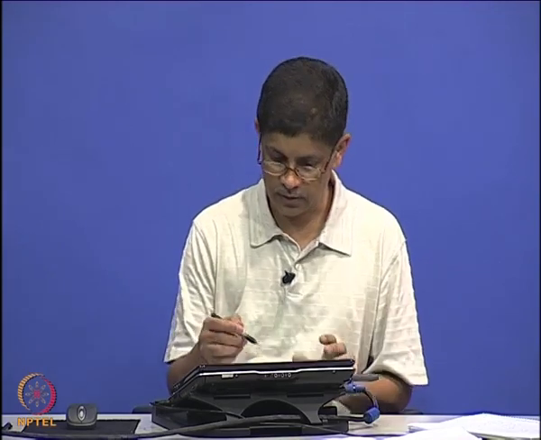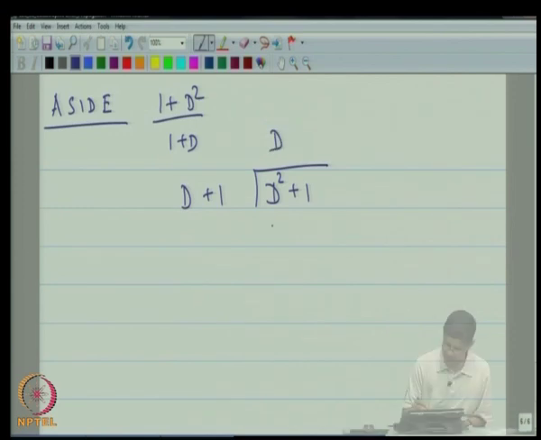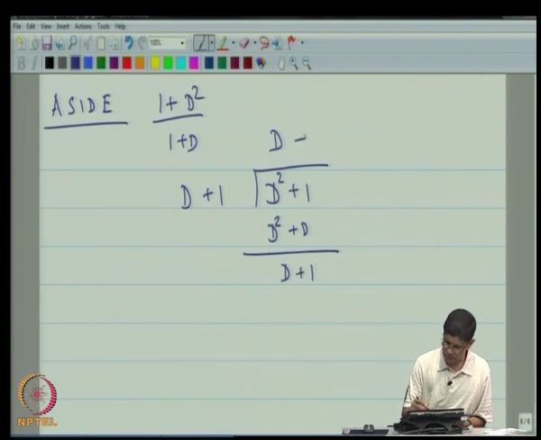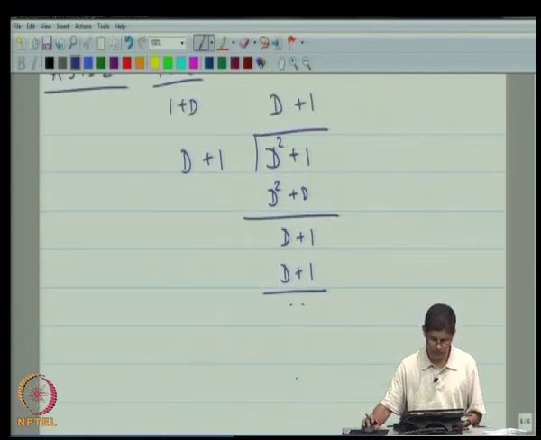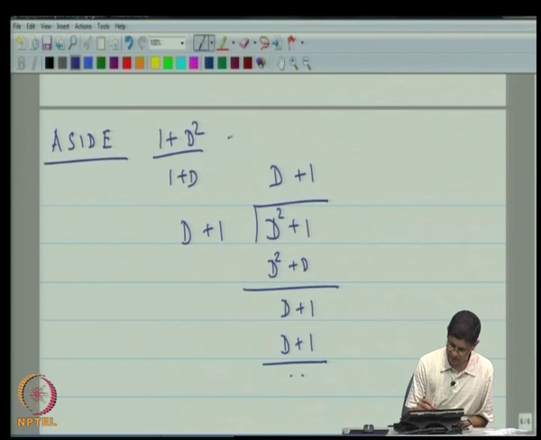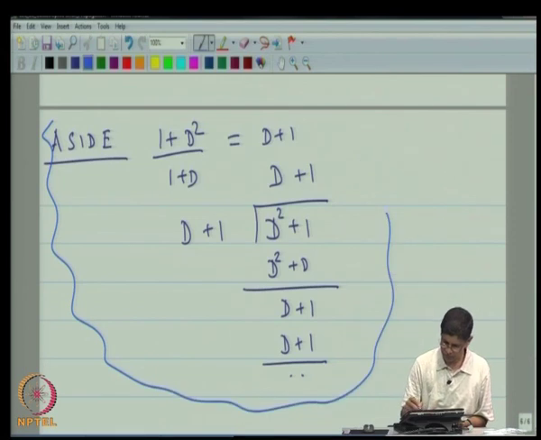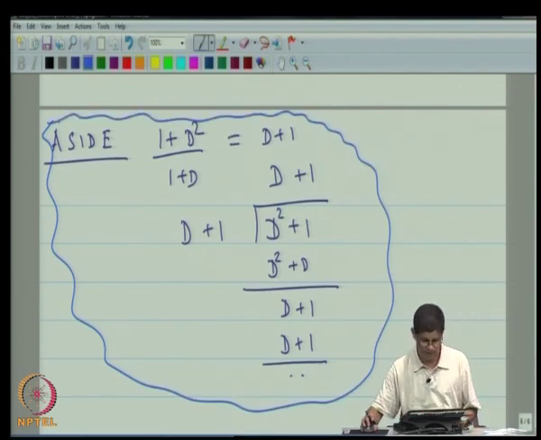So, it is important to keep in mind which we are doing at any given instant of time. In this case we are actually dividing polynomials. So, we do not have terms going off to infinity, in which case whenever you write a term, you put the highest degree term first, which is what we are doing here. So, this is d squared plus d, plus 1 plus 1, d plus 1. So, what we see is that this thing is precisely d plus 1. Okay, so, that was our little side calculation.